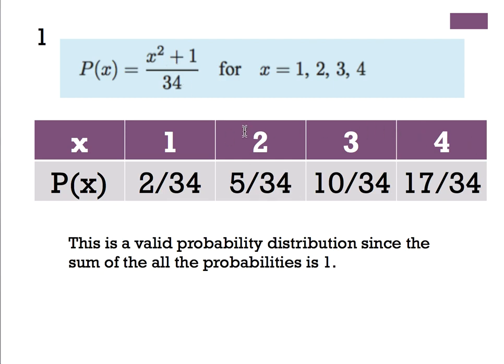So do that in all of the values and then check if the sum is equal to 1. This is a valid probability distribution because the sum of all the probabilities is equal to 1. 2 over 34 plus 5 over 34 plus 10 over 34 plus 17 over 34 is equal to 34 over 34.